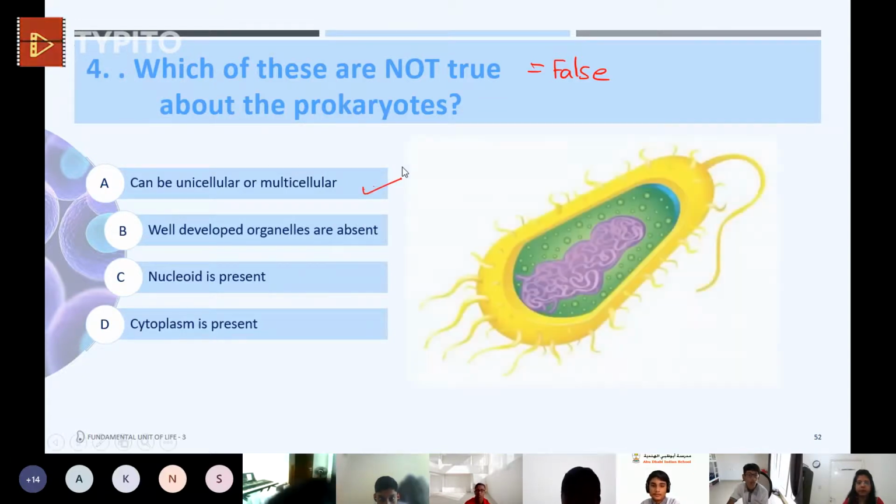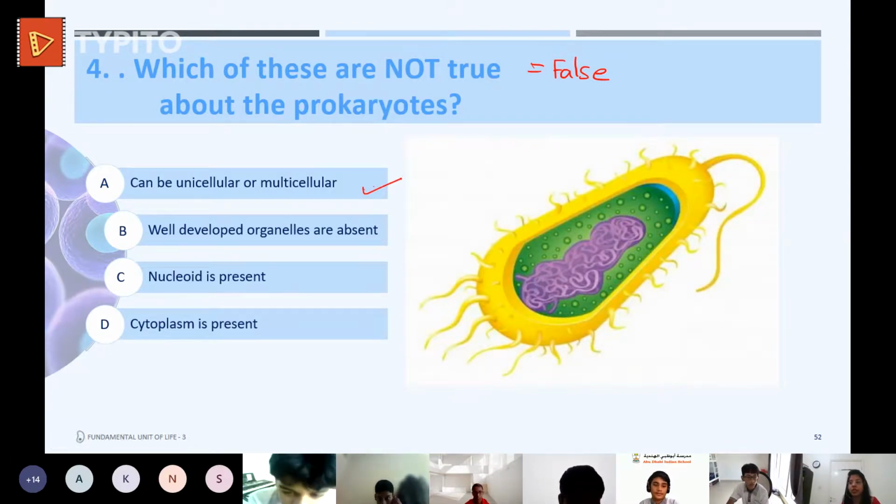Yeah, all the bacteria will be unicellular. I have never seen any bacteria which is multicellular. But in eukaryotes, unicellular and multicellular can be there. We are multicellular eukaryotes. Amoeba is a unicellular eukaryote. But prokaryotes are always unicellular.